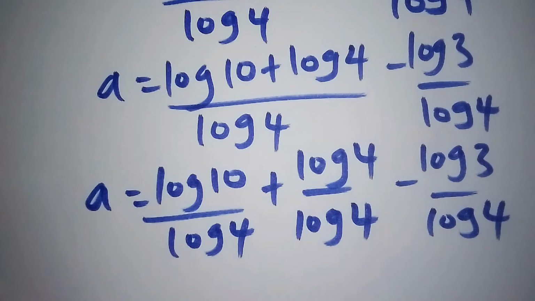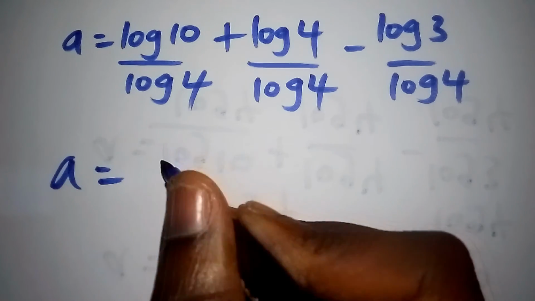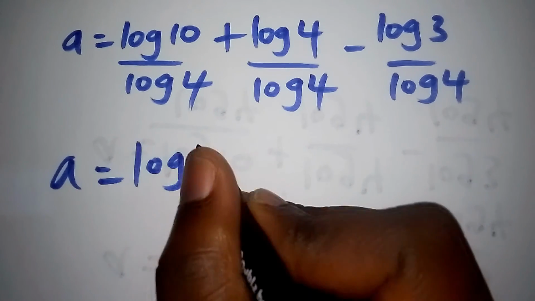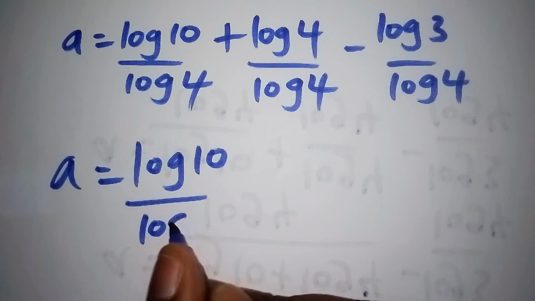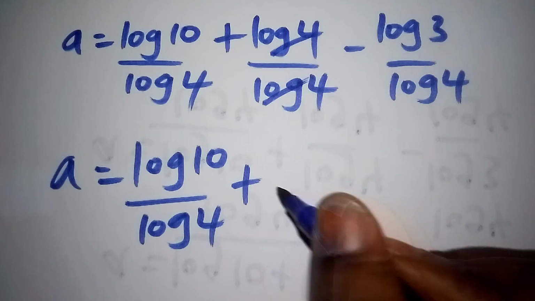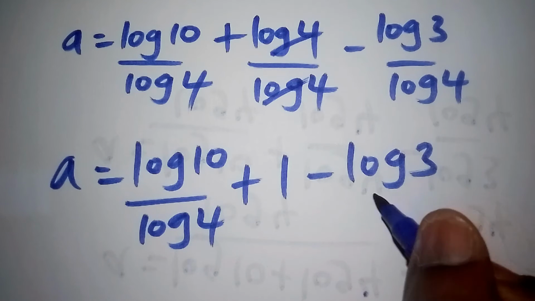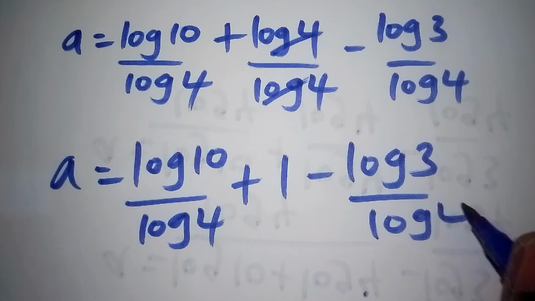The log of 4 and log of 4 shall cancel each other, so we have 1 minus the log of 3 all over the log of 4.